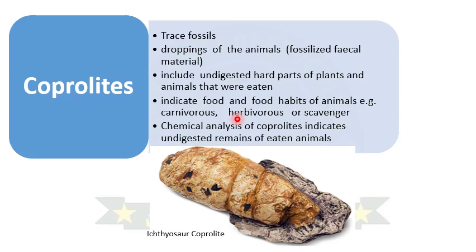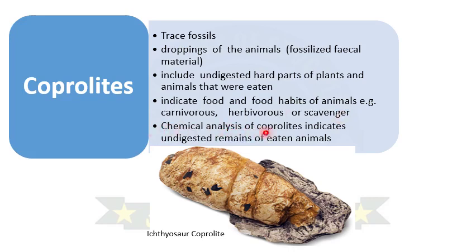If we find only woody parts in the fecal material, we can say that the organism was herbivorous and ate plant parts like wood. And we can say scavenger if both types of materials are found in the fecal material. So coprolites are materials which can indicate the feeding habits of organisms in the past.